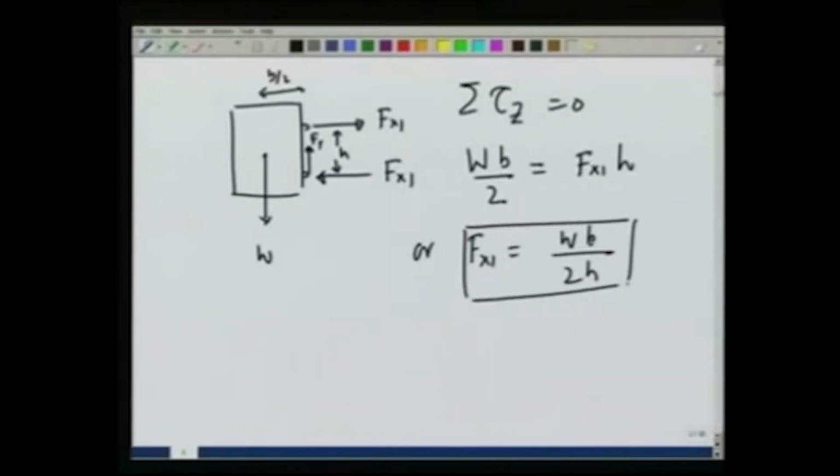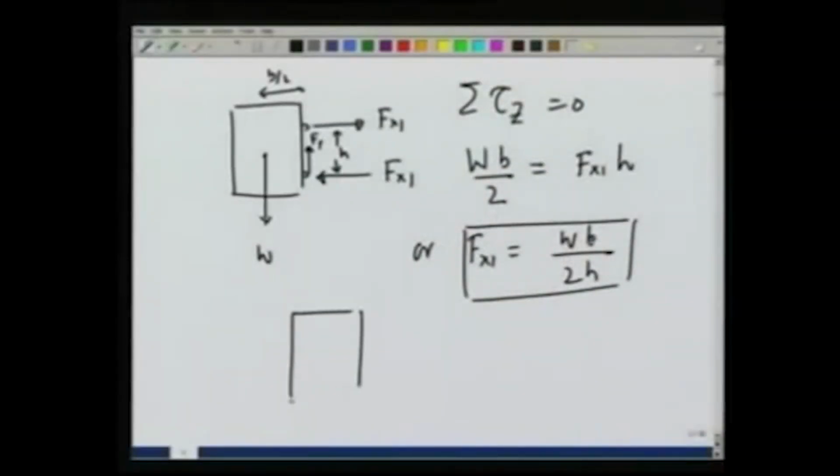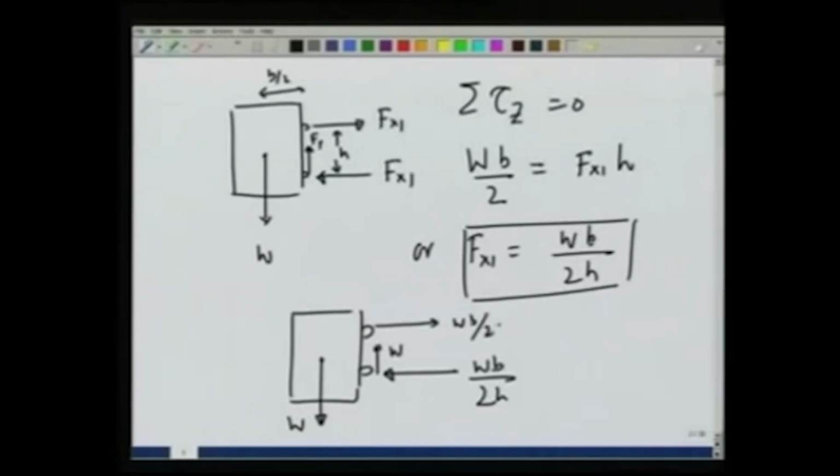So, the forces acting on the gate are W, this way W times B over 2 H, and this way W times B over 2 H. These are the net forces acting on the gate.